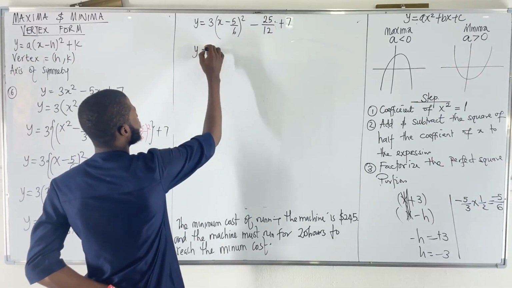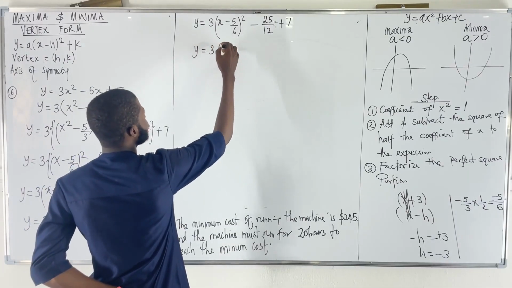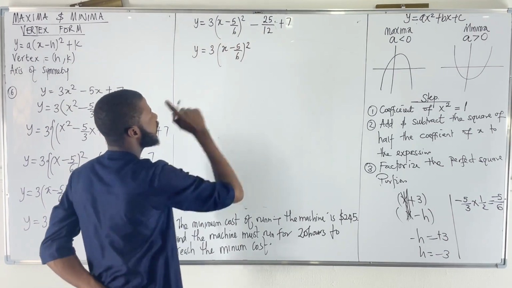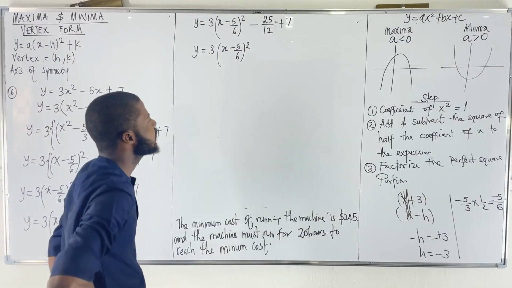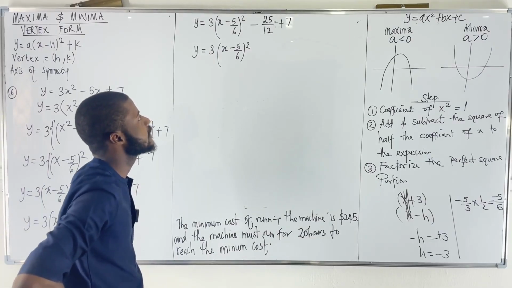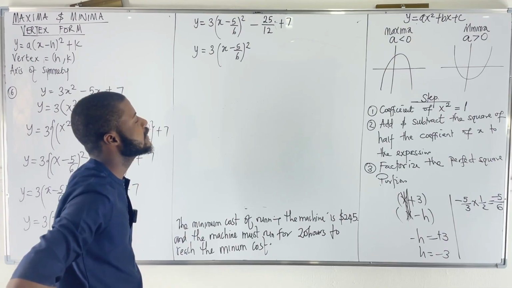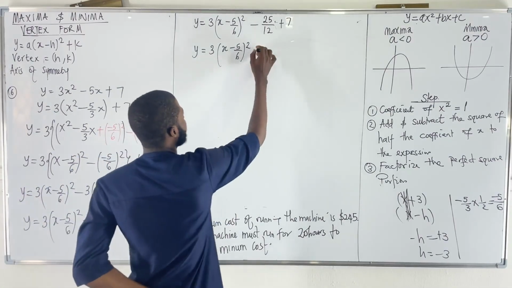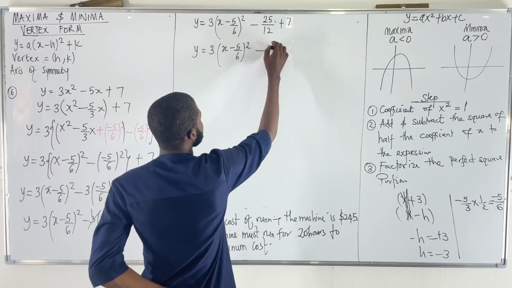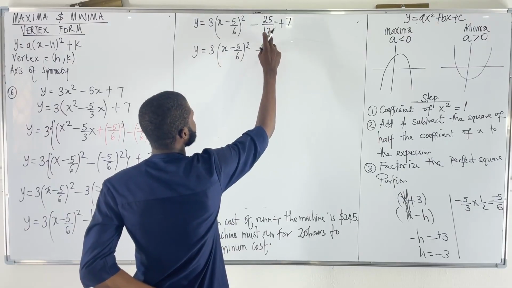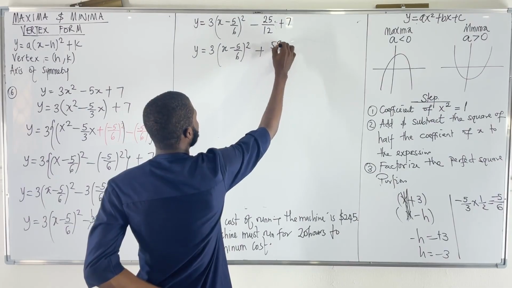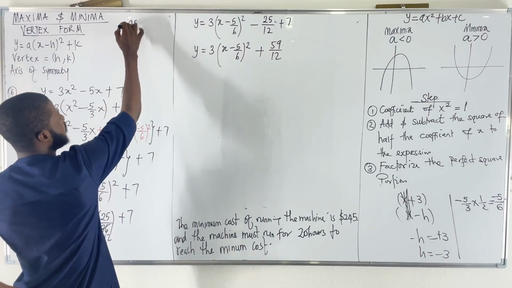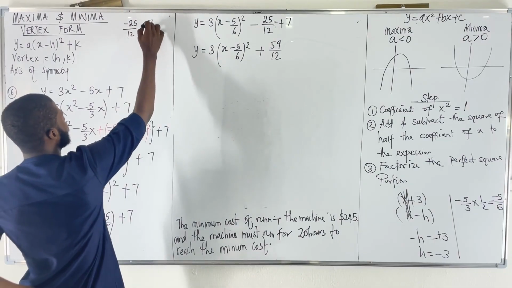So this is y equal to 3 into x minus 5 over 6 all squared. Now this guy here, hold on. I think it should be plus 59 over 12. But let's do it here. Minus 25 over 12 plus 7 over 1.